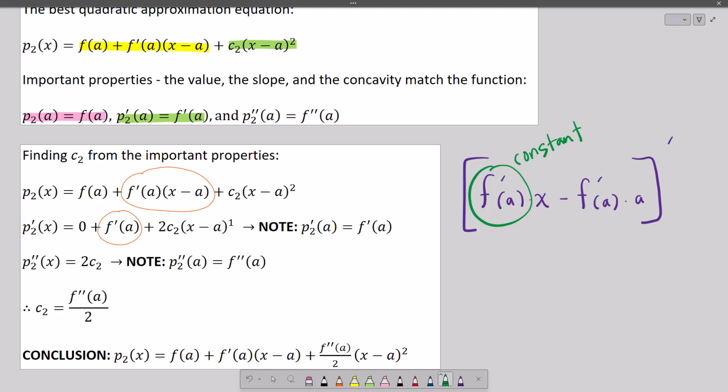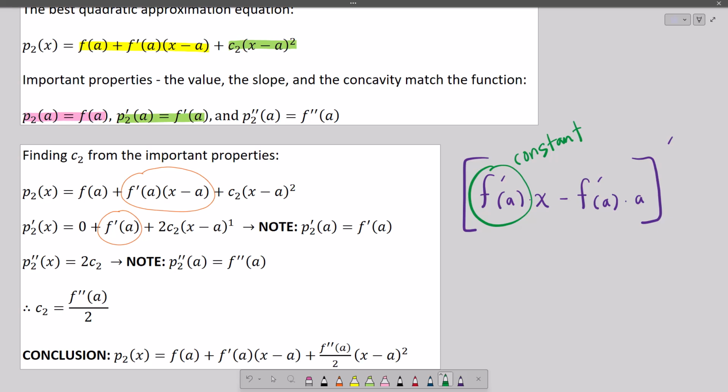And now we take the derivative of this last term. We use the power rule. 2 comes down in front. We subtract 1, multiply by the derivative of the inside, which is just 1. So we end up with that. So let's check. If we plug in a for this first derivative, do we get that p sub 2 prime matches f prime? Let's check. So we plug in a for the x. This goes away.